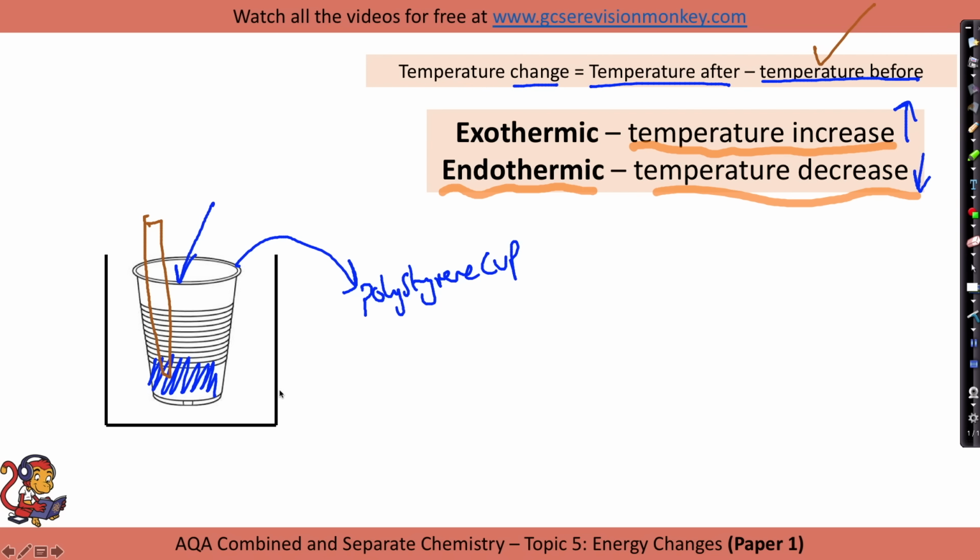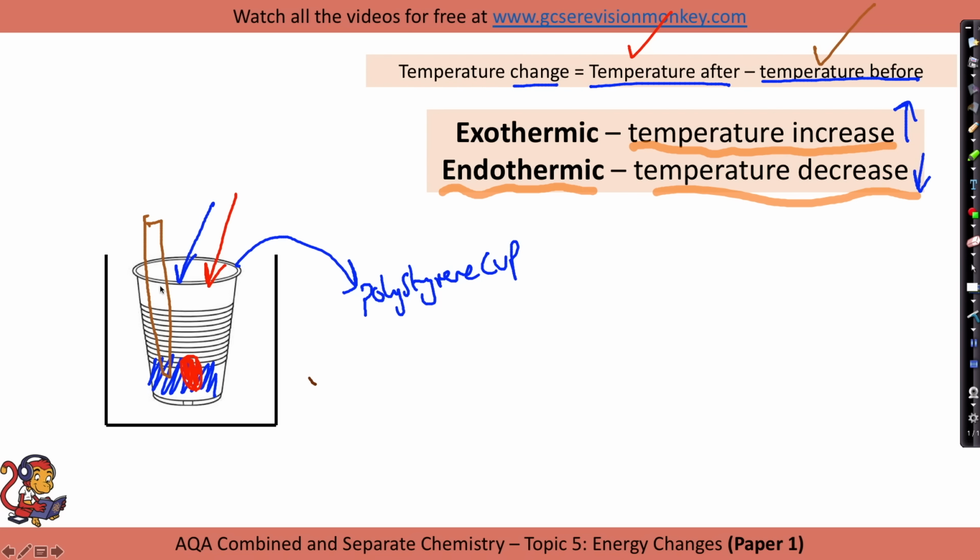That bit's done. Then we will add our second reactant in, like so, and we will measure the temperature afterwards. And what we normally do is measure the highest temperature that it reaches or the lowest temperature that it reaches, depending on whether it's an exothermic or an endothermic reaction.